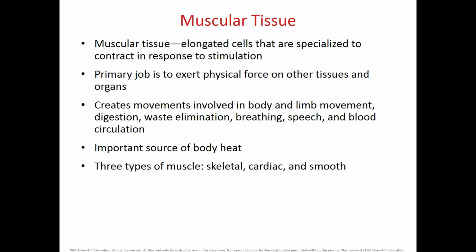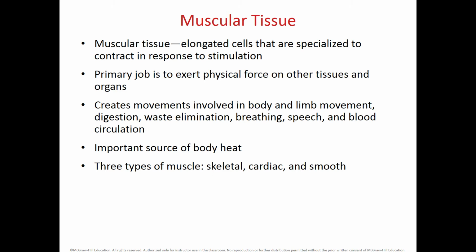You also can propel food across the different parts of the digestive system, which allows you to digest and also to eliminate wastes, to breathe, because we have muscles that help us to breathe, to produce speech, and to propel the blood throughout the circulatory system.